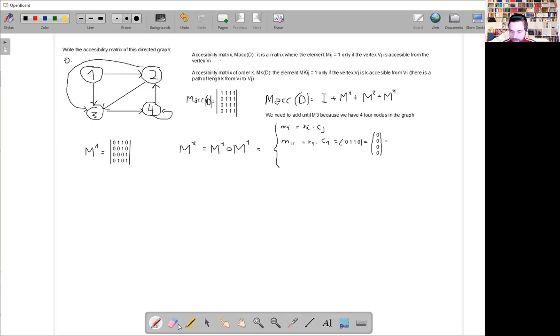And sorry, this is not equals, this is multiplied.